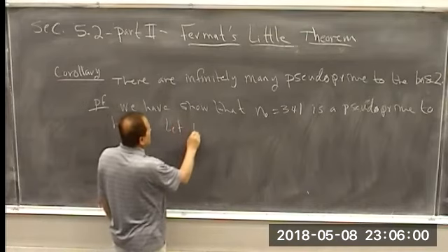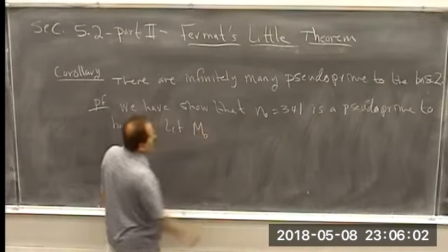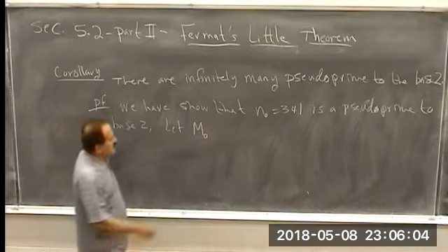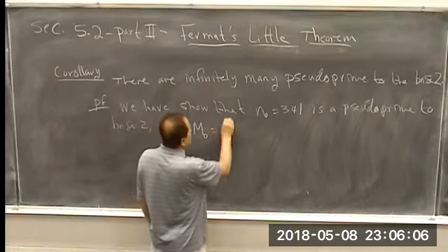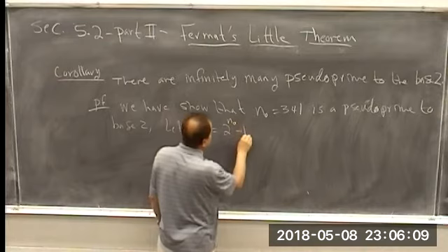That m sub 0 is equal to 2 to the n sub 0 minus 1.